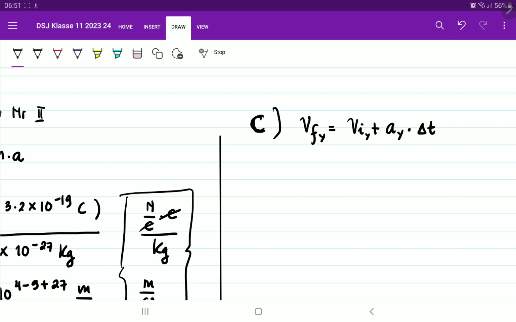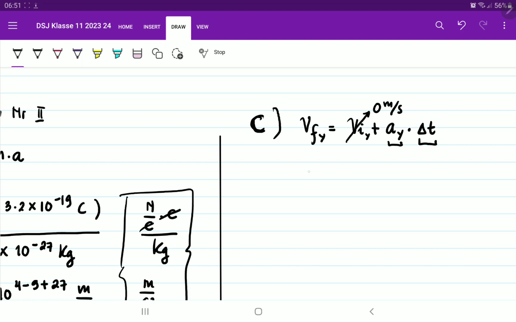Now the problem is, we know already the a_y calculated in problem B. We know that the initial speed is 0. But the delta t is not yet known.